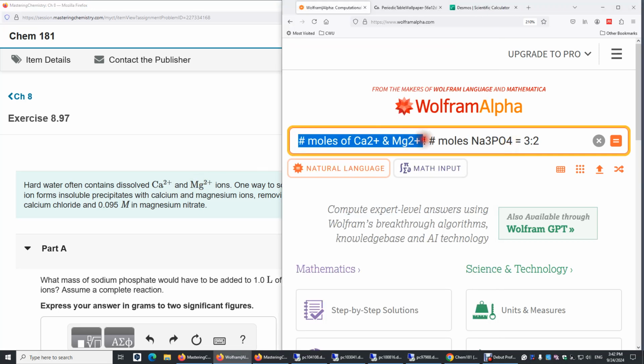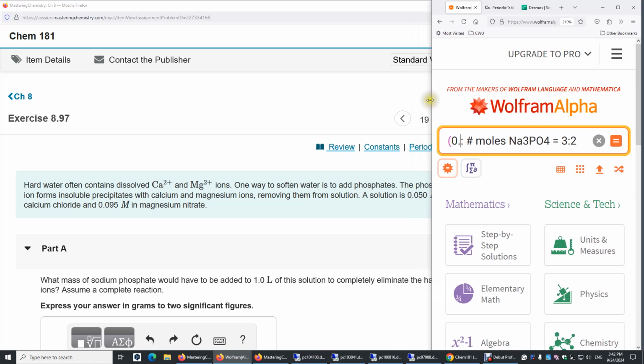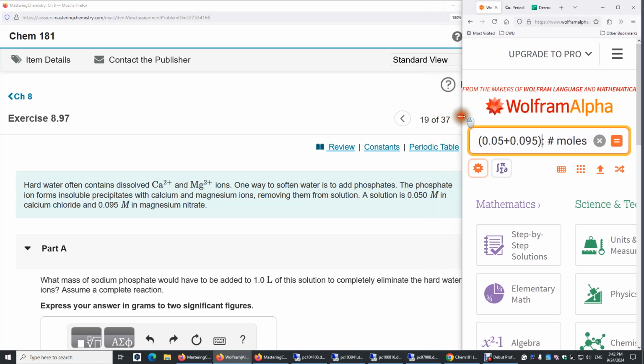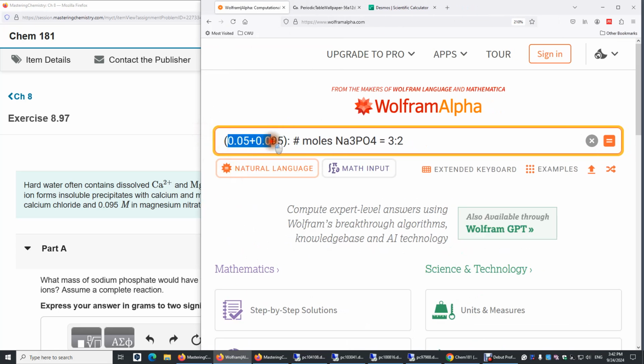Over here we have 0.05, that's calcium, 0.095, that's magnesium, and then times 1, because we have 1 liter here. This is the number of moles of calcium 2+ and magnesium 2+ combined.